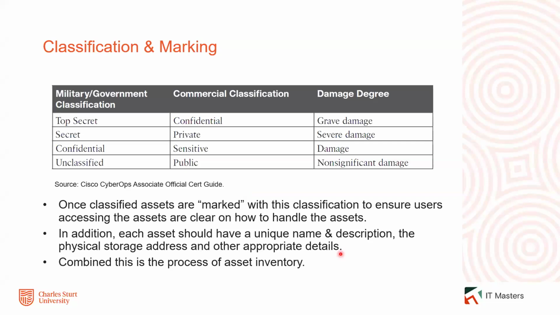Combining all this is part of the process of maintaining an up-to-date asset inventory. Okay, so we know what assets we have, what they're called, what they're composed of, where they are physically located, from where they can be logically located, what their classification is, and therefore what the access control restrictions around that particular asset or object are.